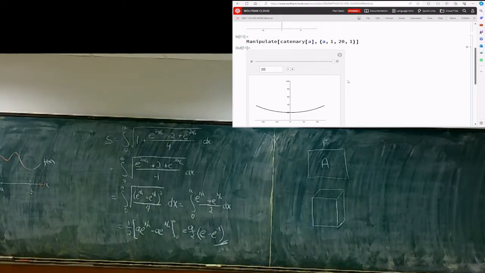I may say, what's the surface area of this solid of revolution? Or I may say, what's the surface area of this surface of revolution? It's done the exact same way.